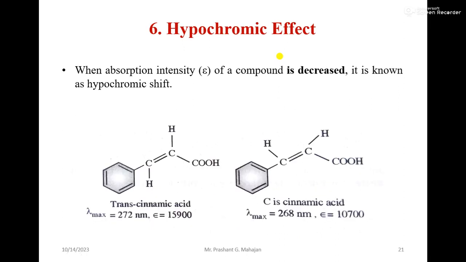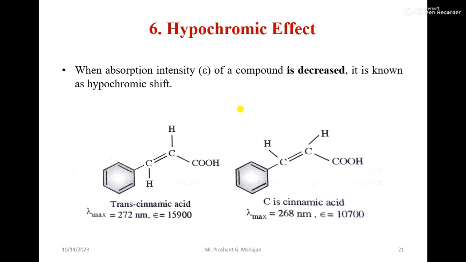And last is hypochromic effect, that is also related to the absorption intensity. So when the absorption intensity, that is epsilon, of a compound is decreased, it is known as hypochromic shift. You can see in the example, cis and trans cinnamic acid is given.